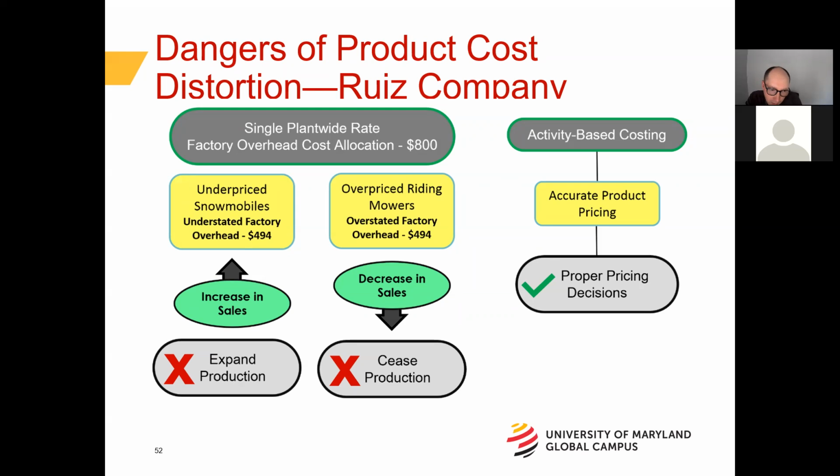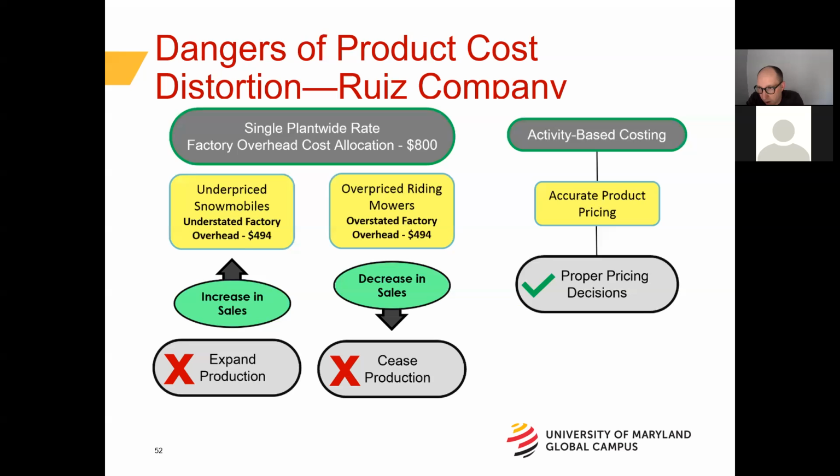What does this cause? What happens when I distort it like this? For snowmobiles, if you understate factory overhead, it will result as an increase in sales. A decrease in sales if you overstate factory overhead.